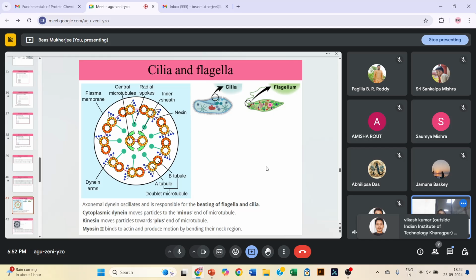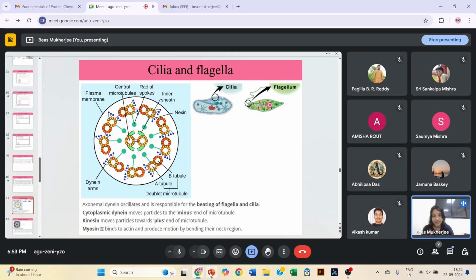You know that dynein is having retrograde transport, moving to the minus end, and kinesin is moving in the anterograde direction, towards the plus end of the microtubule. Myosin 2 binds to actin and produces motion by bending their neck region. So this is how the cilia and flagella move.